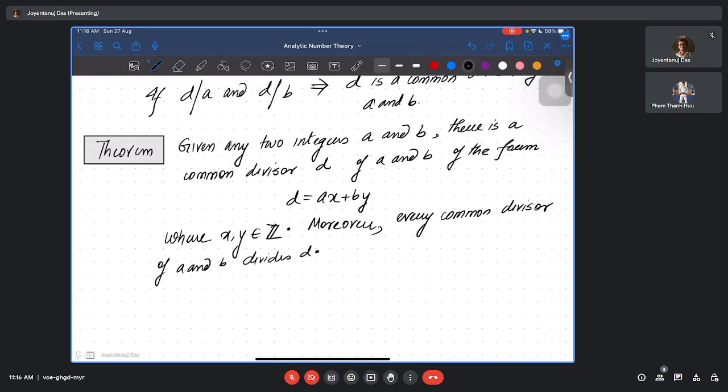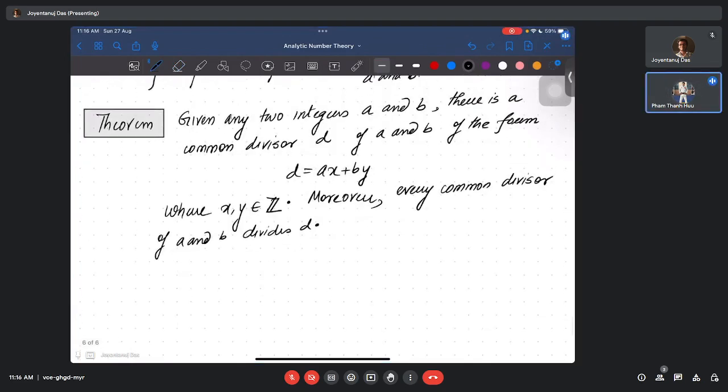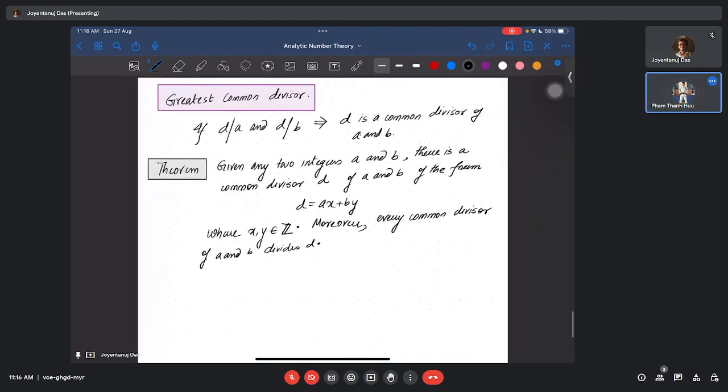Right. So the statement is clear, right? The form of the common divisor is d equals ax plus by. x and y can be negative, yes.